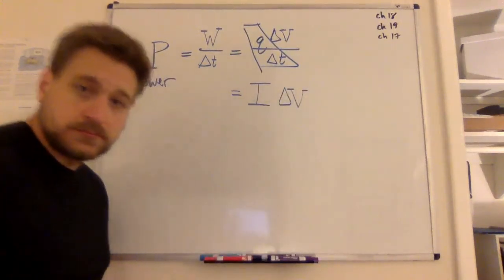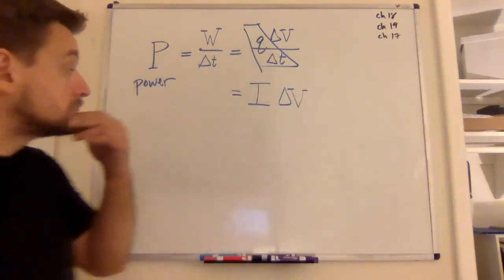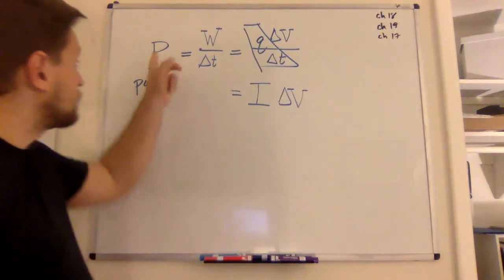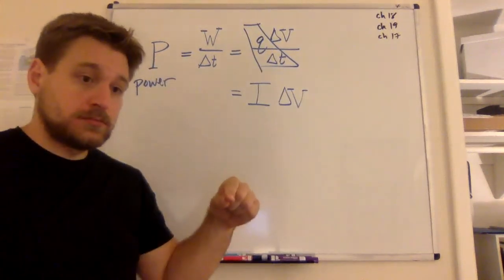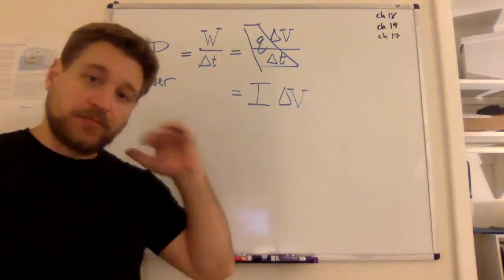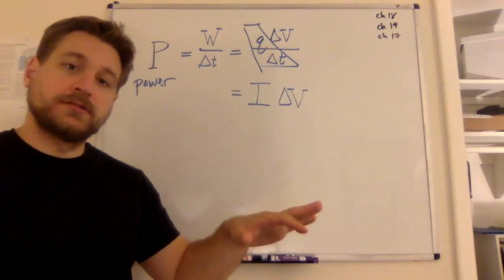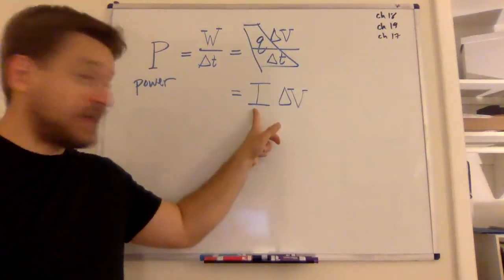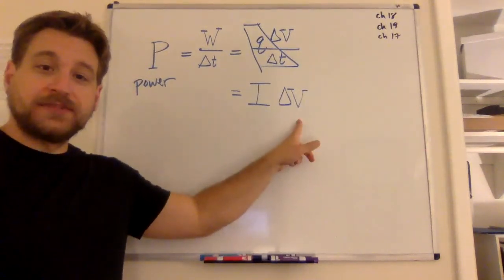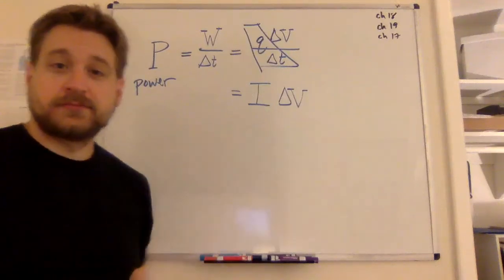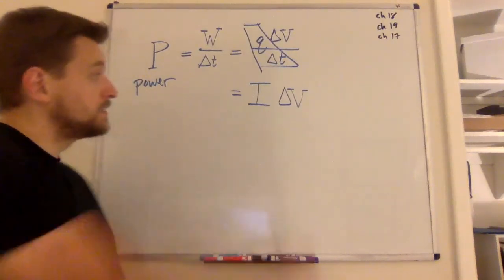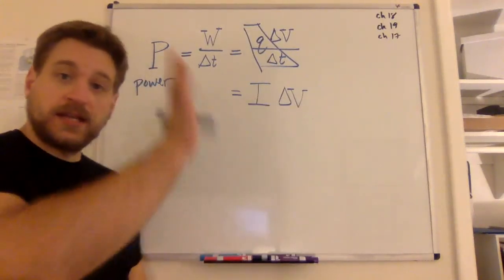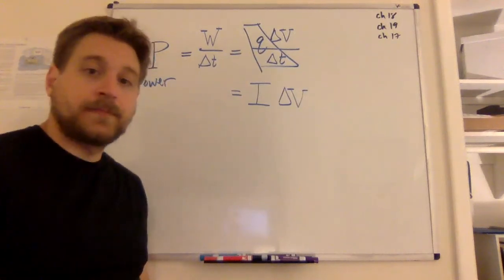That's current. So the power transferred by pushing charge this fast through a potential difference is just the product. This is true all the time for any kind of electric device.